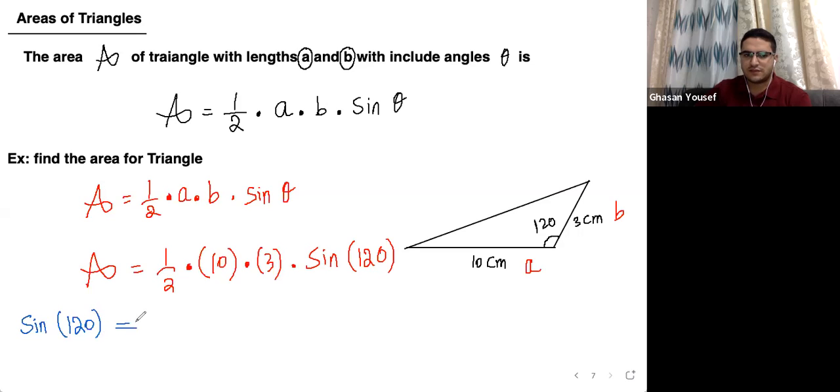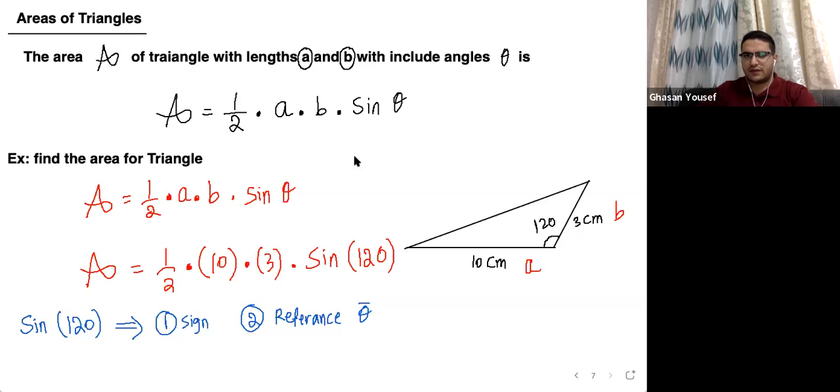I need to find the sine, and I need to find the reference angle. Now, 120 is in which quadrant? 120 is above 90 degrees and less than 180 degrees.